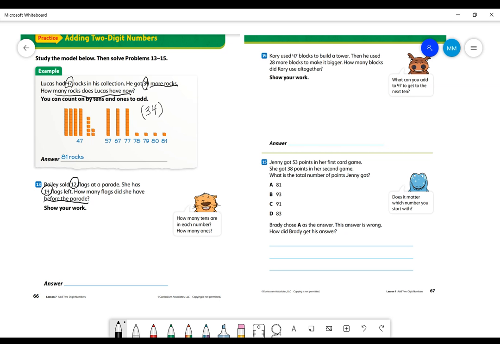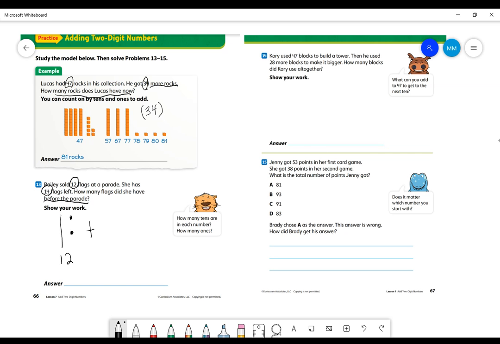So before she went to the parade, she sold 12 flags. So the number 12 is made up of how many tens? Look at our first digit. We have 1 ten and 2 ones. So 12. And she had 14 flags after the parade.